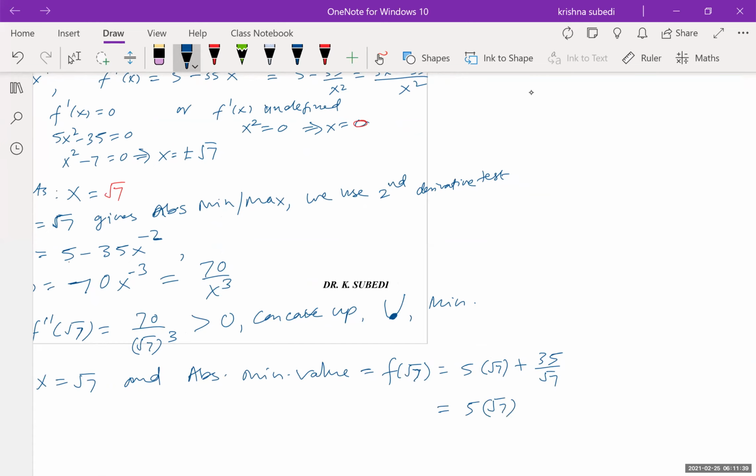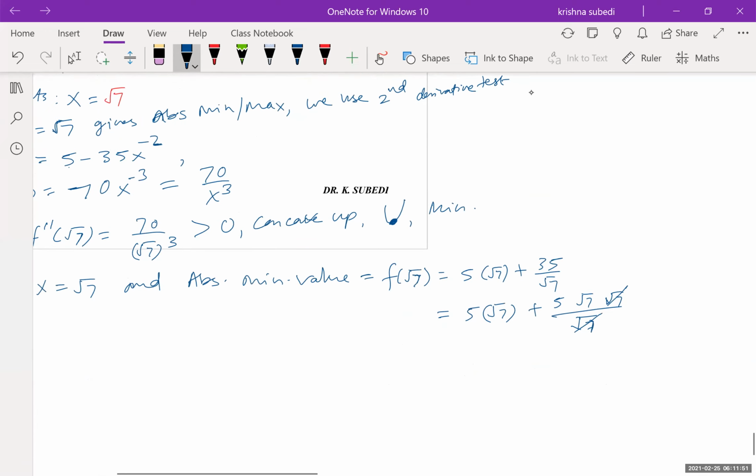Root 7 plus this is 5 times root 7 times root 7 over root 7. So this cancels out, and we get 10 square root 7. That is our minimum value. So that's it about global or absolute minimum and maximum value.